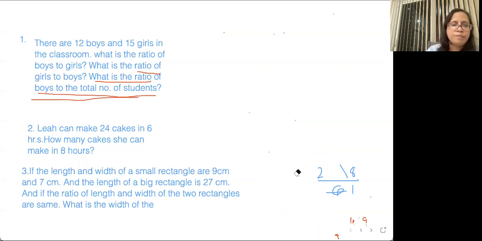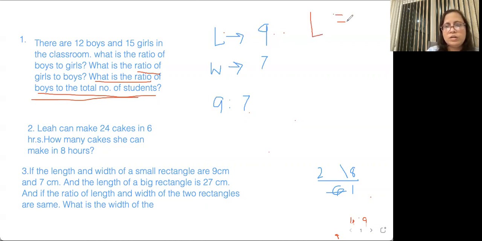So what do we have? We have the length and width of the small rectangle, right? The length of the small rectangle is 9 centimeter, and width is 7 centimeter. The ratio of these two is 9:7. Okay, and the length of the big rectangle is 27 centimeter, right?